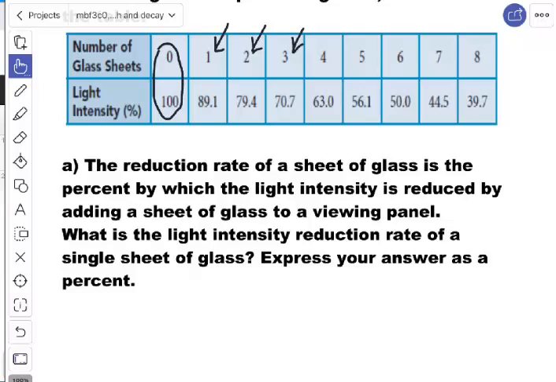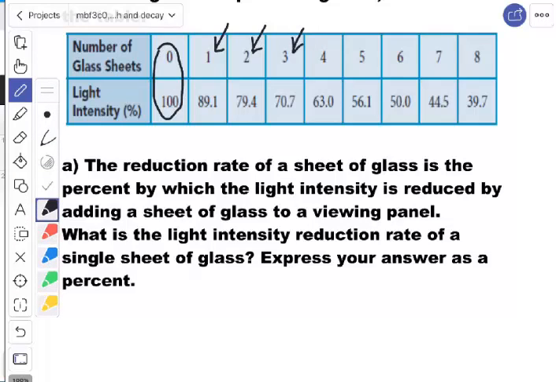The first part of the question says, we define the reduction rate of a sheet of glass as the percent by which the light intensity is reduced. What is the light intensity reduction rate of a single sheet of glass? Because of the definition here, the reduction rate is the percent by which the light intensity is reduced. So what I have to do is find the difference between 89.1 and 100.